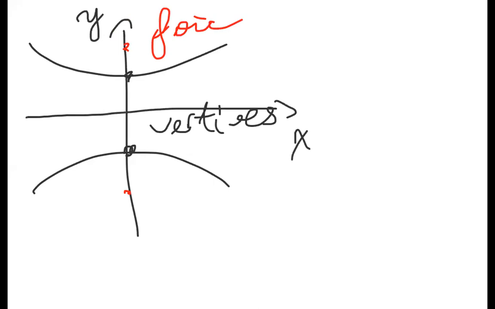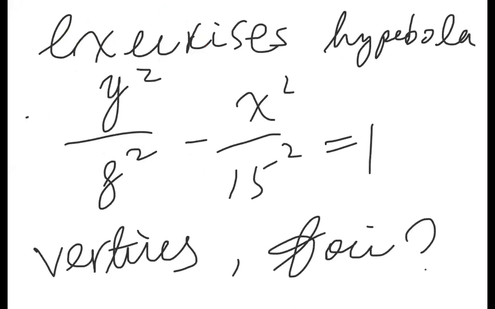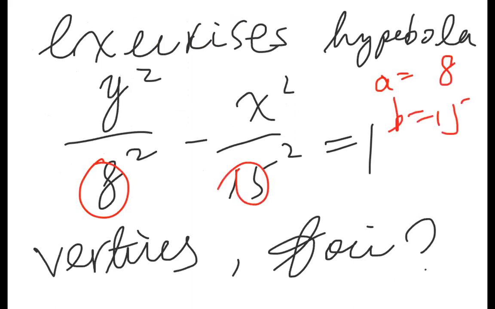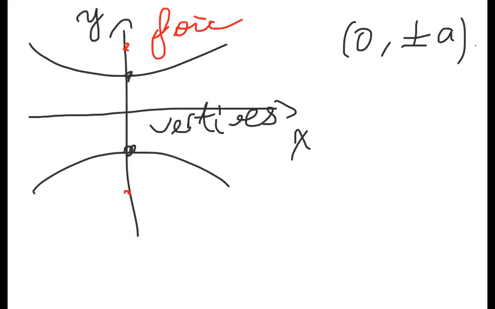Okay, so how do we find the vertices? They are 0, plus and minus a. In this case, a is 8 and b is 15. So the vertices are 0, plus or minus 8.